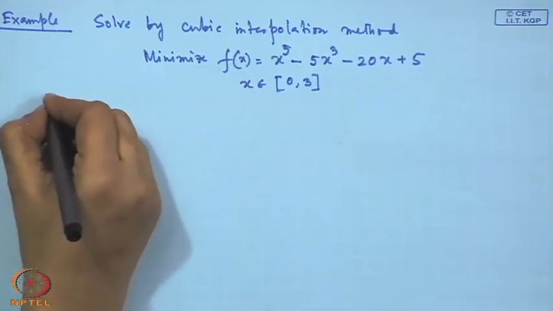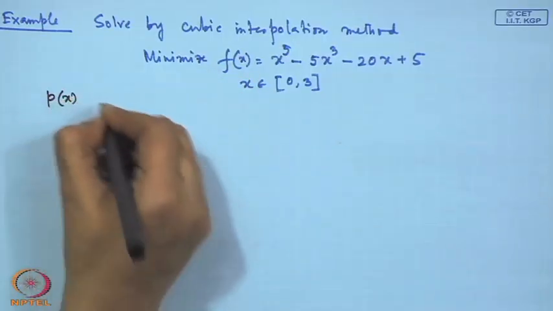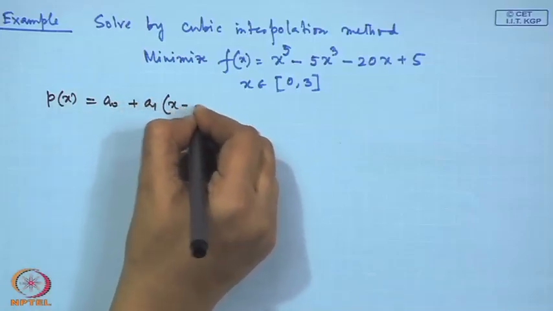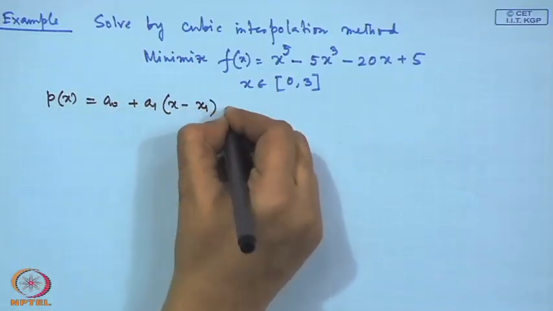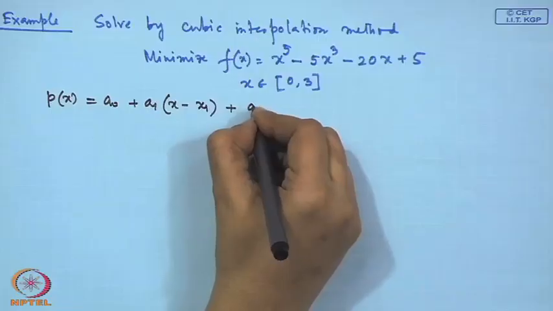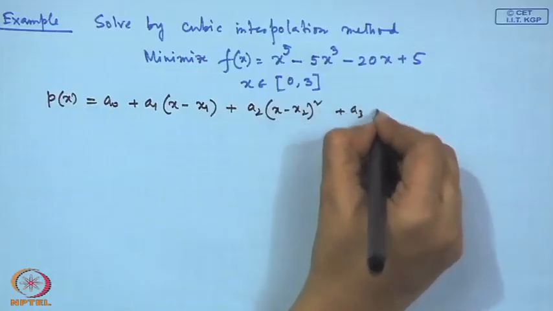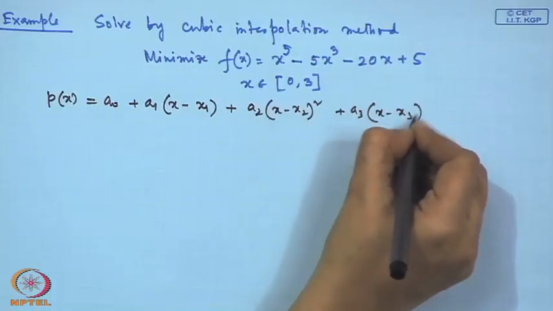Thus, we will approximate f(x) with p(x) as a0 plus a1 into (x minus x1) plus a2 (x minus x1)(x minus x2) plus a3 (x minus x1)(x minus x2) square.